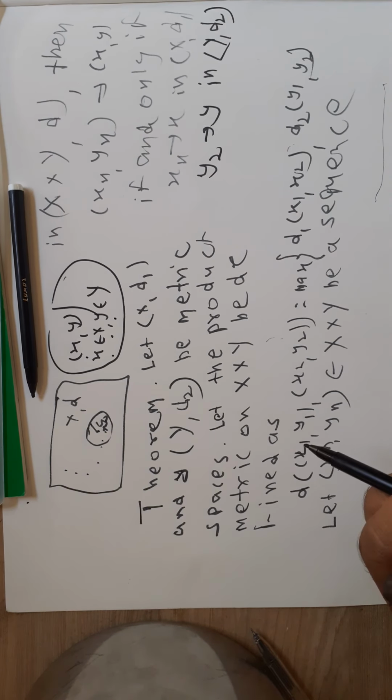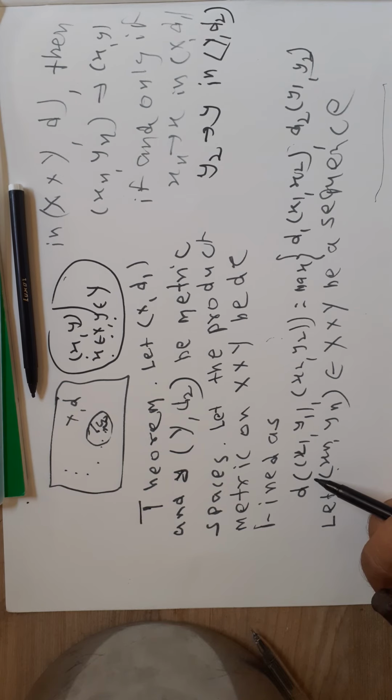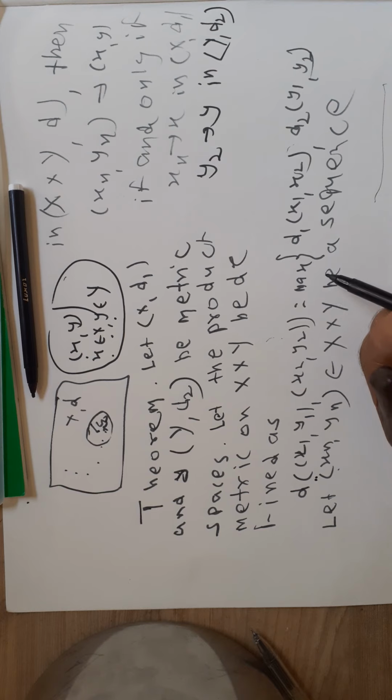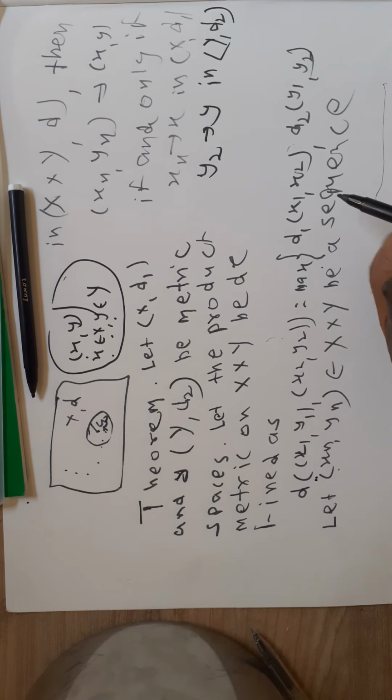Now we can make X cross Y a metric space. The metric defined on X cross Y is called a product metric, and it is defined as follows. If d is the product metric on X cross Y, then the distance d between the points (x1, y1) and (x2, y2) is equal to the maximum of the set {d1(x1, x2), d2(y1, y2)}.